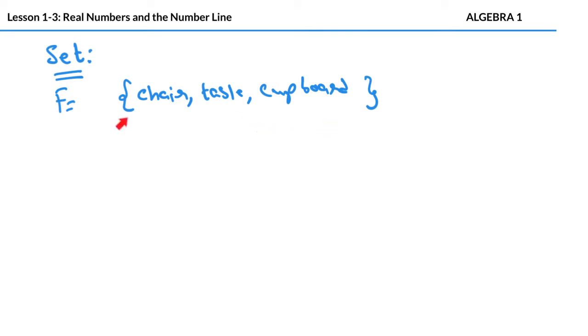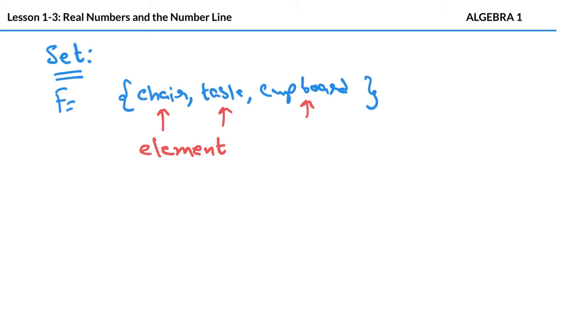It is always enclosed within brackets. Each is called an element of the set. So if I ask you how many elements there are in this set F, there are 3 elements.